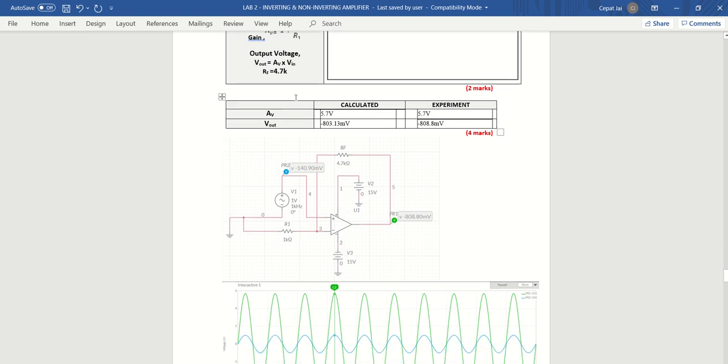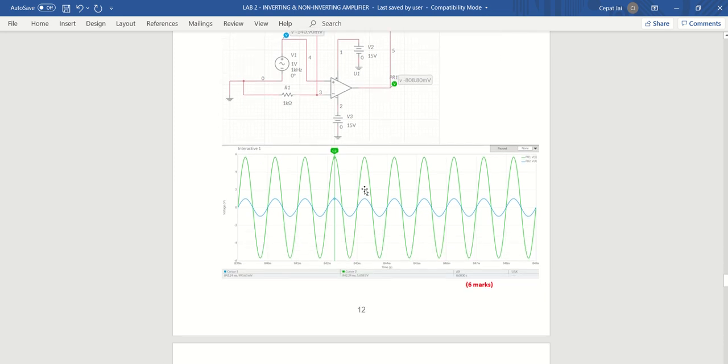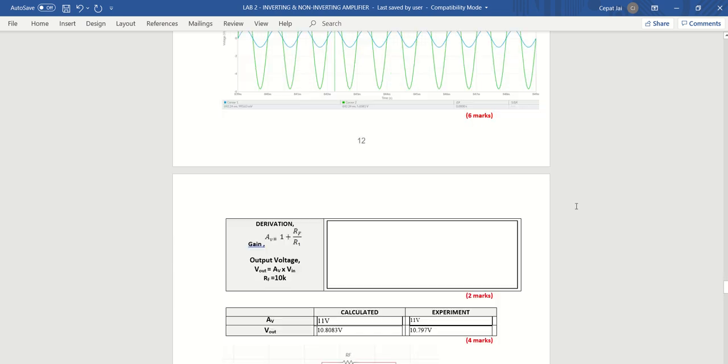So for 4.7 kilohm, the voltage gain I get is 5.7, and I calculate the value as negative 803.13 millivolt, and the value from the circuit is negative 808.8 millivolt. The circuit and the waveform show like this.